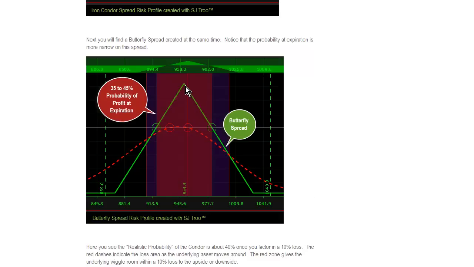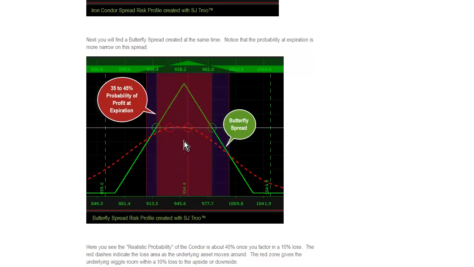I sold this strike here at the money, and then I bought, I believe, about 10% down and 10% up to build a butterfly spread. So for this type of trade, you buy one here, sell two here, and then buy one here. You can construct it a couple ways. You could do it with all calls, all puts, or puts and calls.